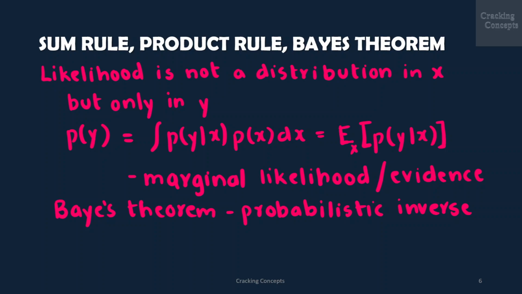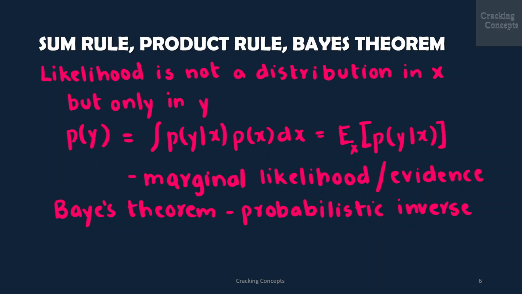The posterior p(x given y) is the quantity of interest in Bayesian statistics because it expresses exactly what we are interested in. That is, what we know about x after having observed y.